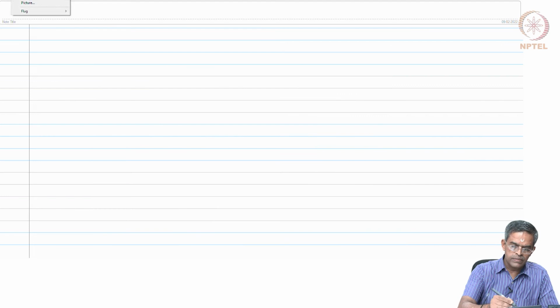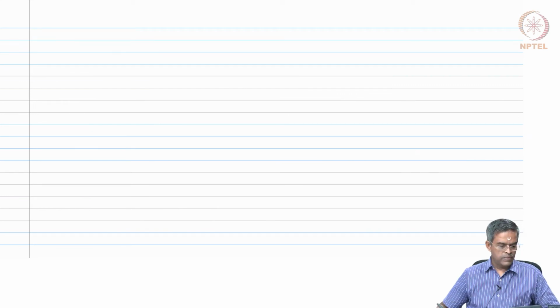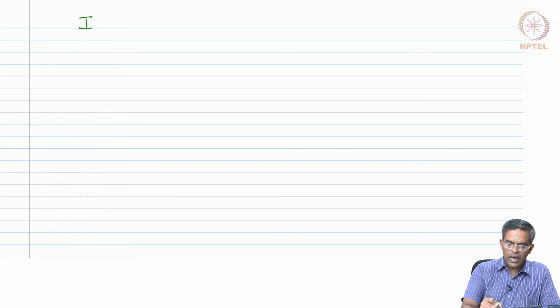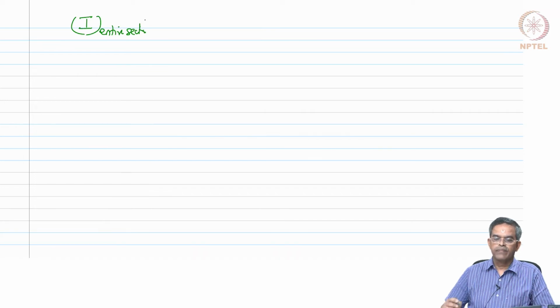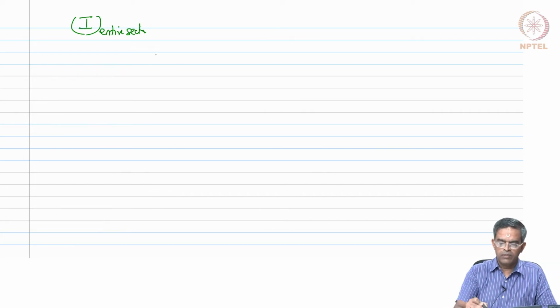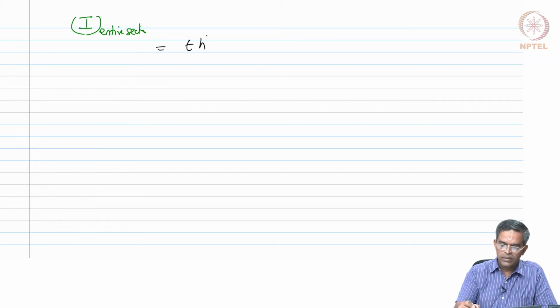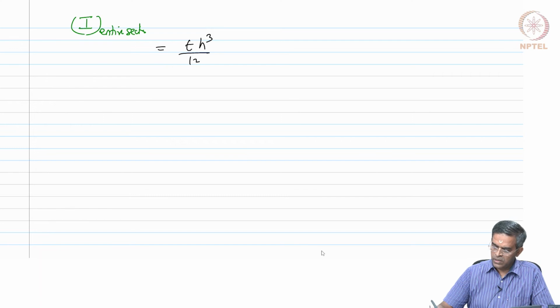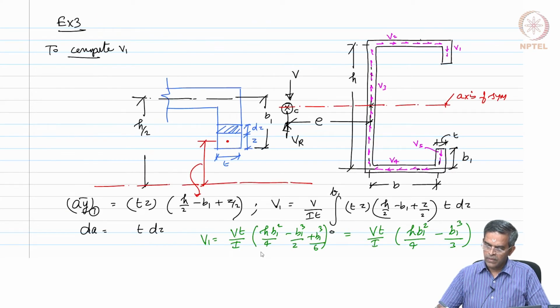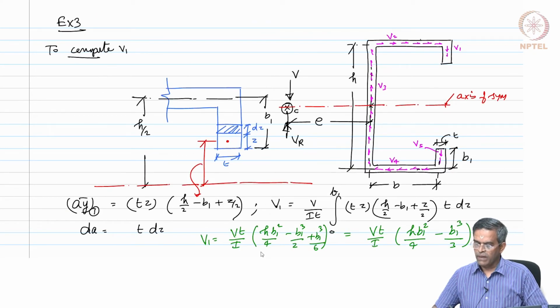Having said this, let us try to find the I of the entire section, which will be equal to T h cube by 12. You can see the section.